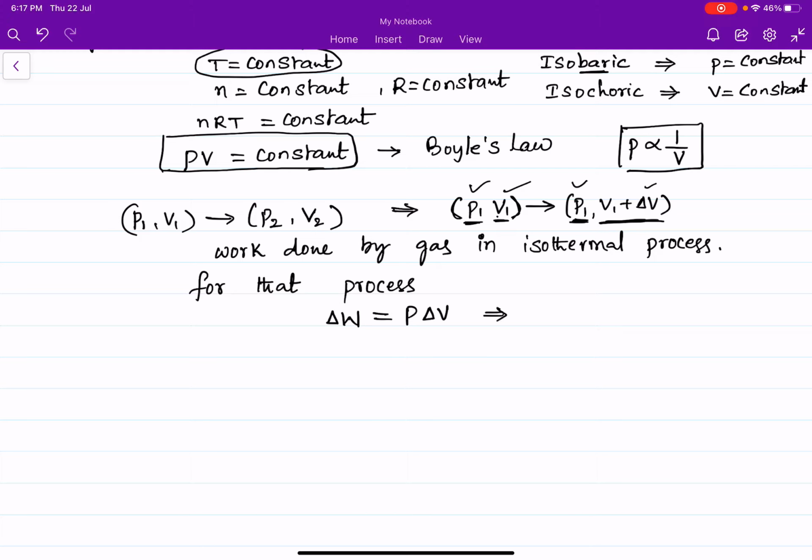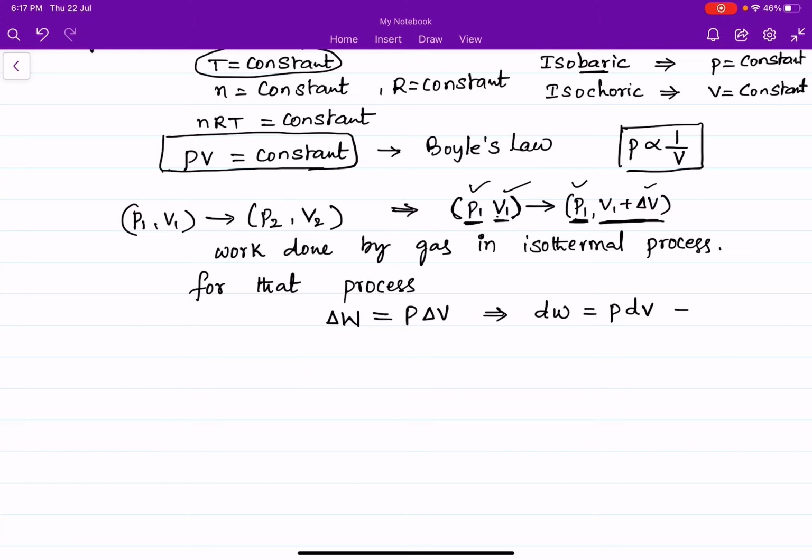So delta W is a small amount of work done, and if it is infinitely small, we can express delta W as dW. So dW is equal to PdV.